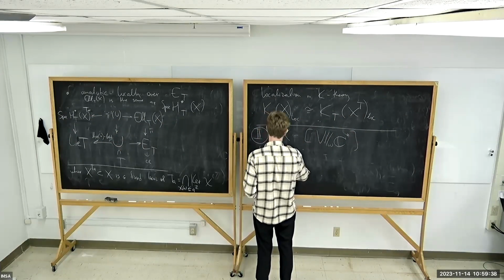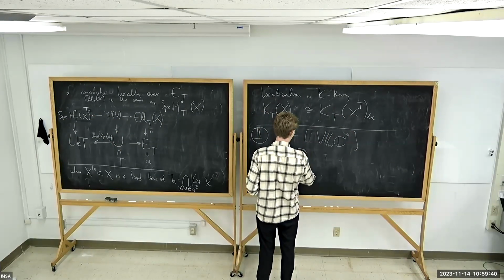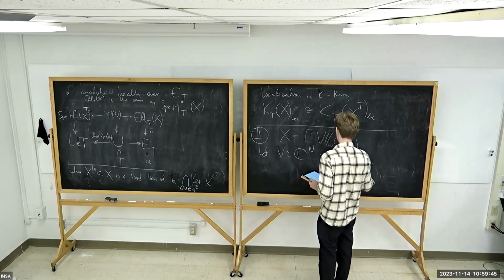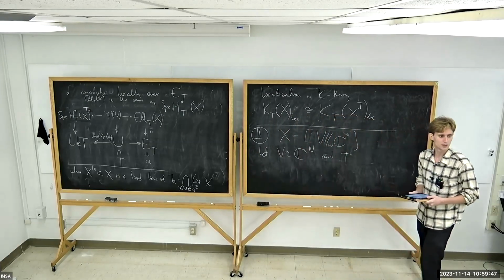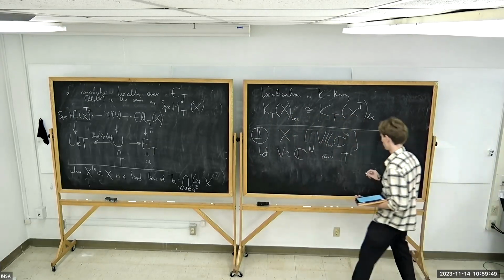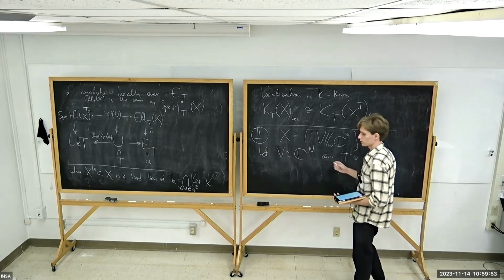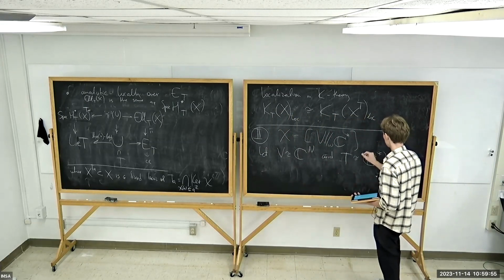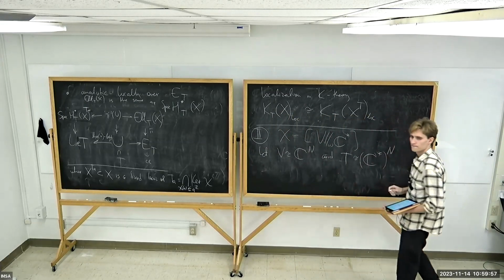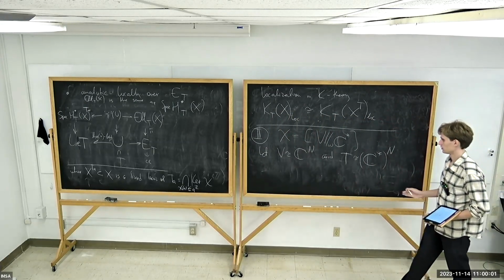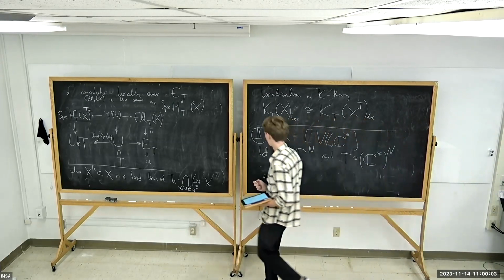So let V be just an n-dimensional vector space. And the torus T with respect to which we're going to compute our equivariant elliptic cohomology is just going to be the maximal torus in GL(V). So it's C star to the n. And we're going to discuss the equivariant elliptic cohomology of X with respect to T.